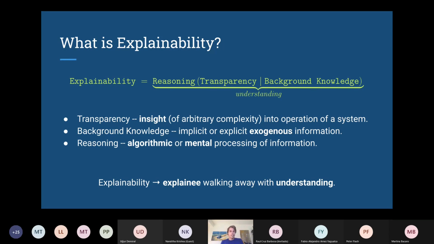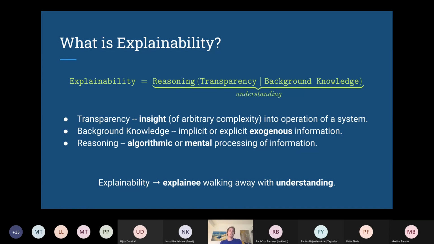So before I dive into any sort of machine learning explainability, I'd like to define what I mean by explainability. And I define it as some background knowledge that a person comes with that is used later on in conjunction with transparency insights into a black box, be it a machine learning model or whatever else. And then you apply reasoning to these transparent insights, given your background knowledge, in order to get some sort of understanding of this process.